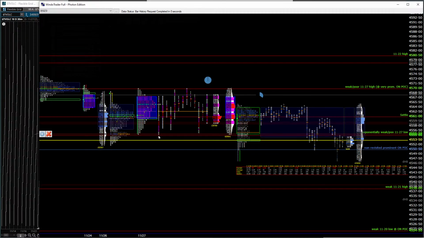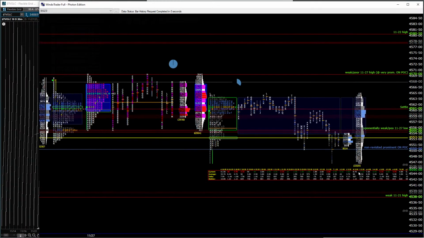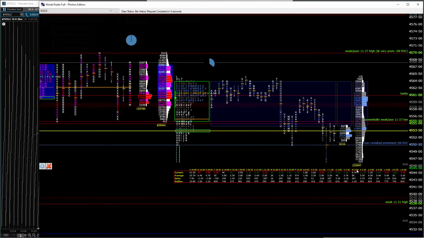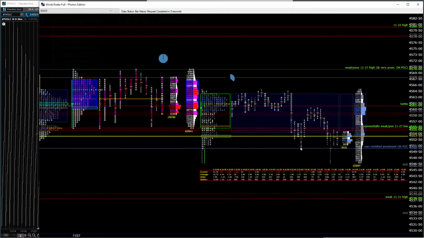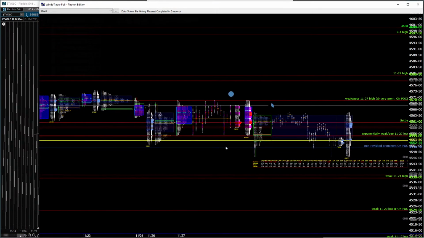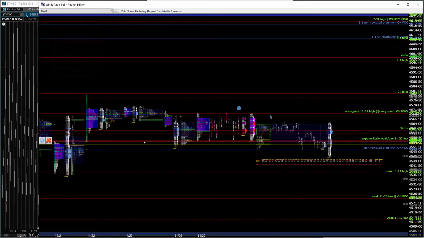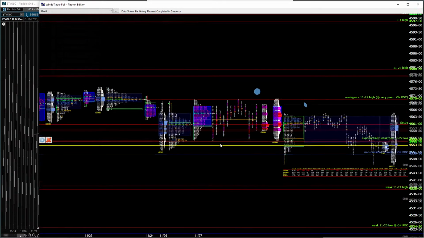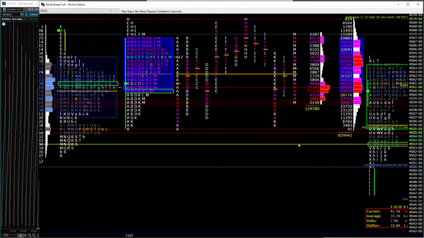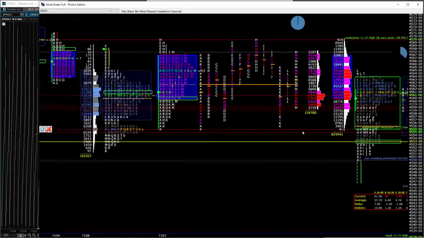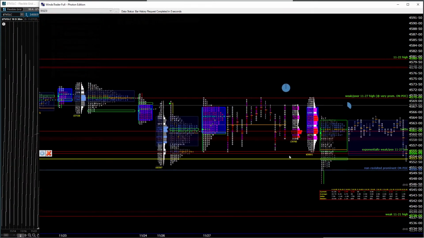I don't consider this low repaired until it's traded during regular trading hours, and that is because of the volume. Okay, the overnight doesn't have enough volume to repair these lows here. Now, if the market opens here, right now, 4453, and we have a rally, for example, right?